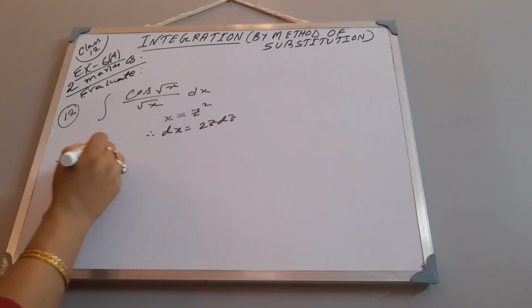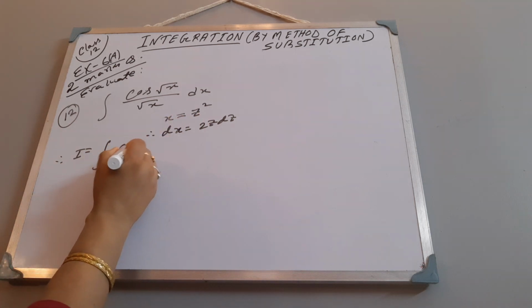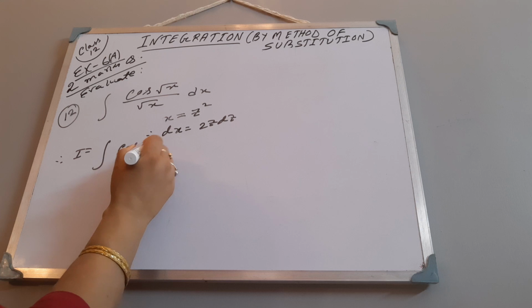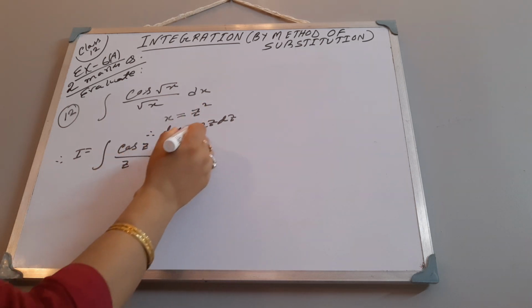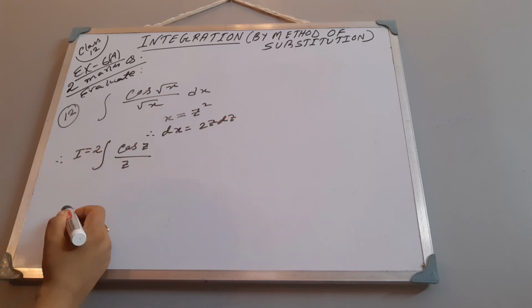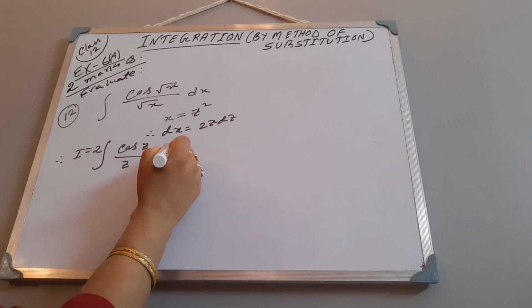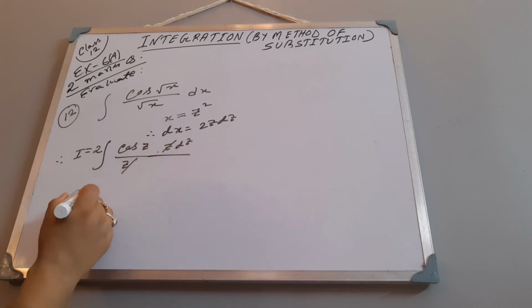Therefore I is equal to integral of cos root x, which means cos z, by root x, which means z again, and dx means 2z dz. Take 2 outside, and the z will be cancelled.